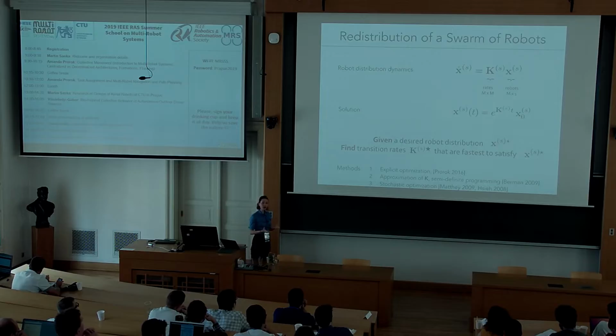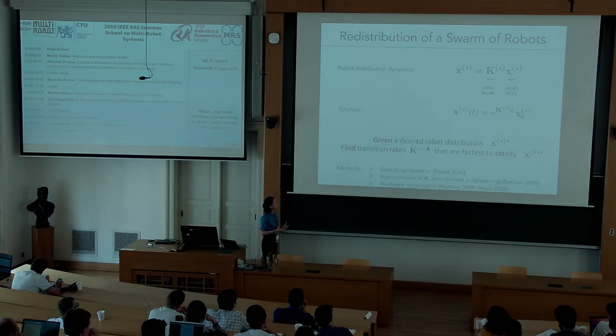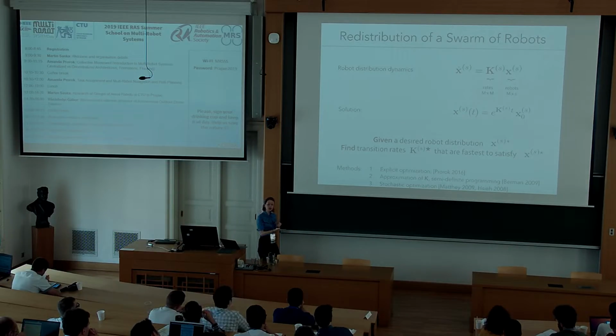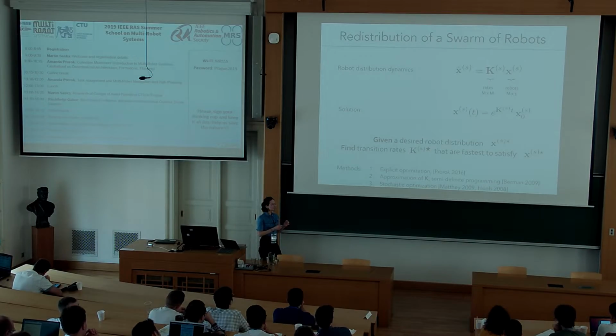And now that I know how to represent the solution of my system, all I need to do is find a way of formalizing an optimization objective, which in this particular case would be saying that I have a desired robot distribution x star, and I'm going to try to solve the redistribution of this robot team so that I can find a K star that achieves my x star as quickly as possible, right?